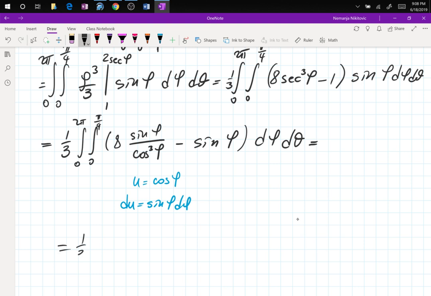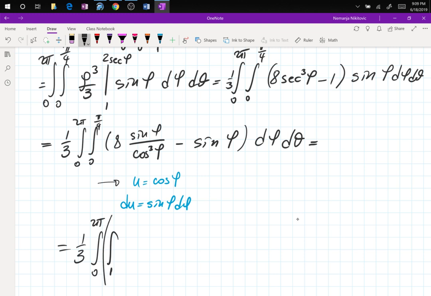So this becomes 1/3 integral of 0 to 2 pi. And now I have to plug my limits into the equation here so I can change them. When I plug in 0, I get 1 on the bottom. And when I plug in the... oh, hell, but then I have the second integral over here that's not going to use the same limits.